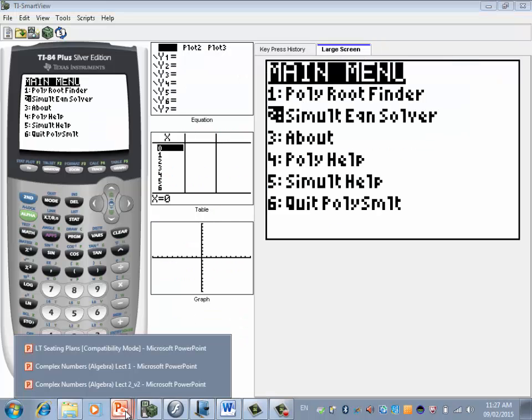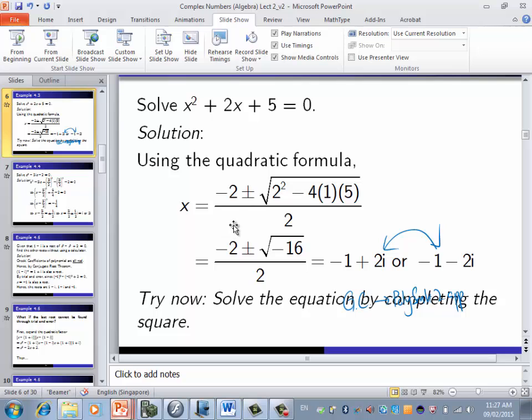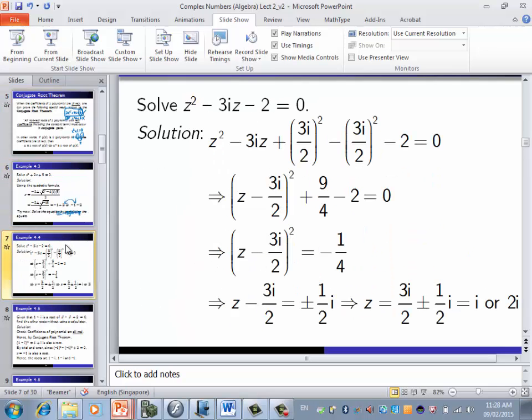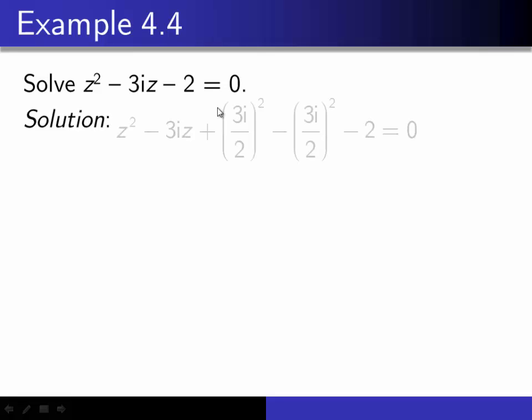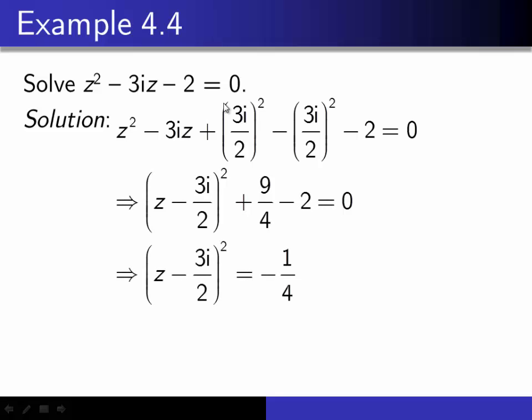Now, let's go to the next one, which you do not have. You can solve this by using the quadratic formula. What I'm going to do here is I have solved by completing the square.